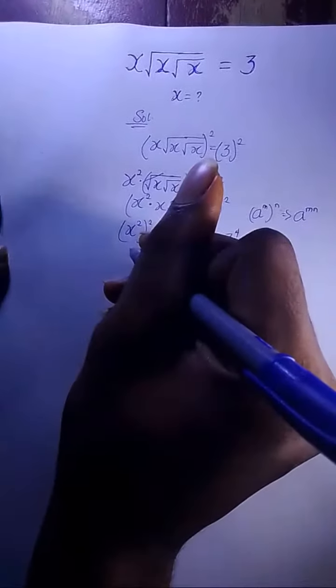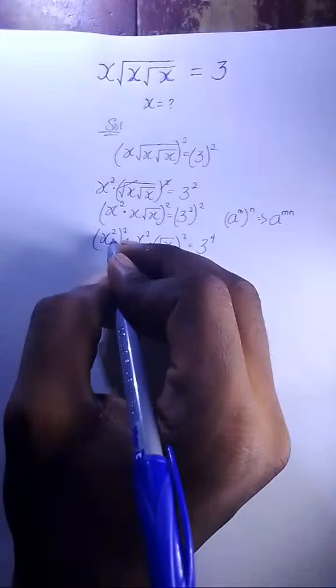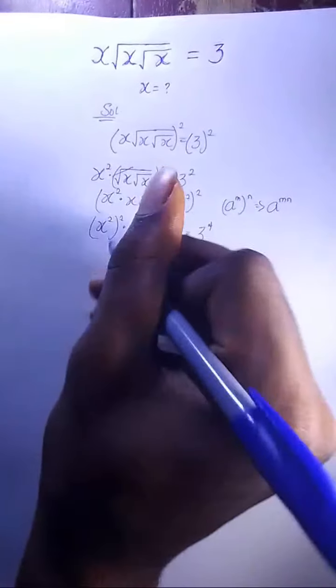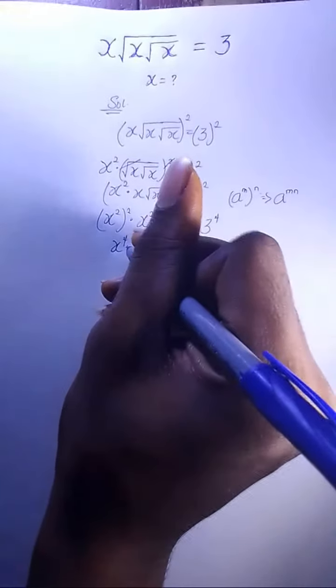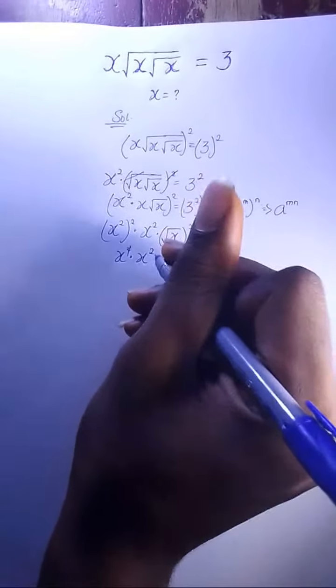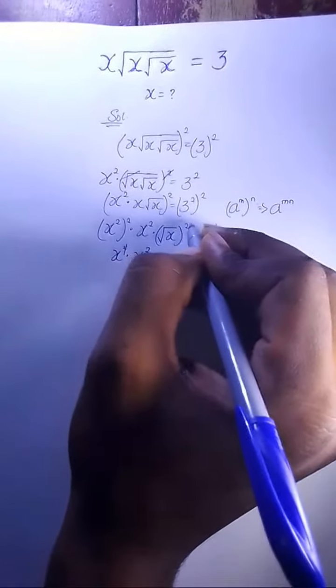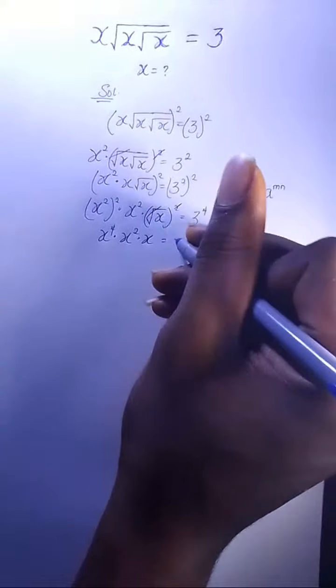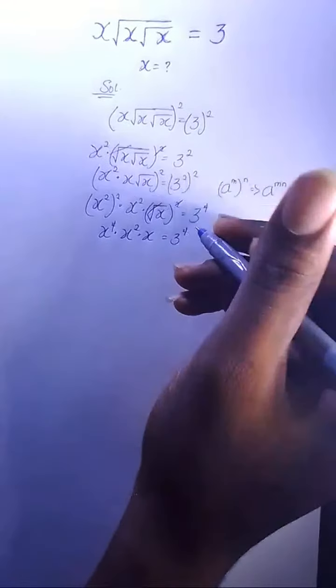We'll do the same thing here. So we have x, 2 times 2, x raised to the power of 4, multiplied by x squared, where the square cancels the square root, so we have multiplied by x, equals 3 to the power of 4.